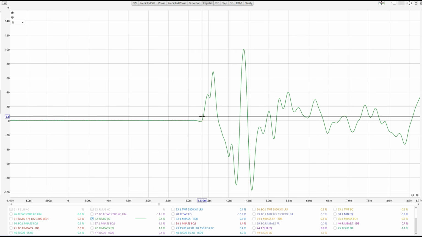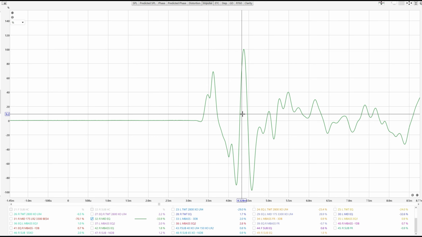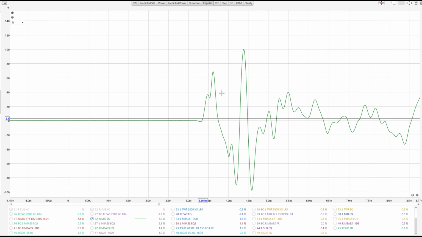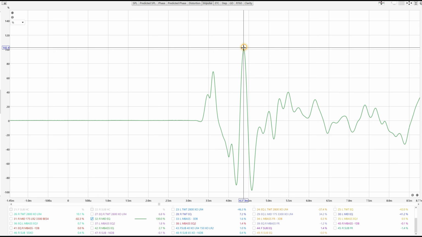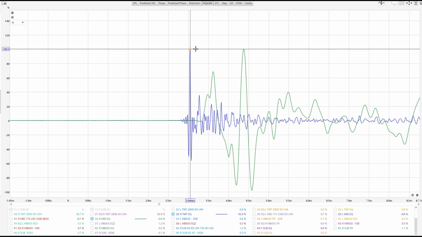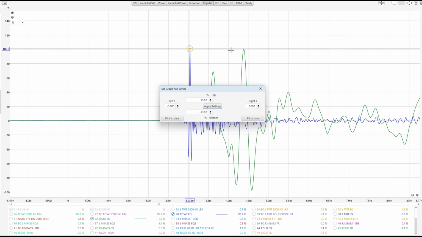So about 0.9 of a millisecond. So certainly broader than the tweeter, and you can see it's quite a messy looking impulse response. But we've still got a pretty distinct peak, and if we brought our tweeter back in, we could quite easily time align these two.